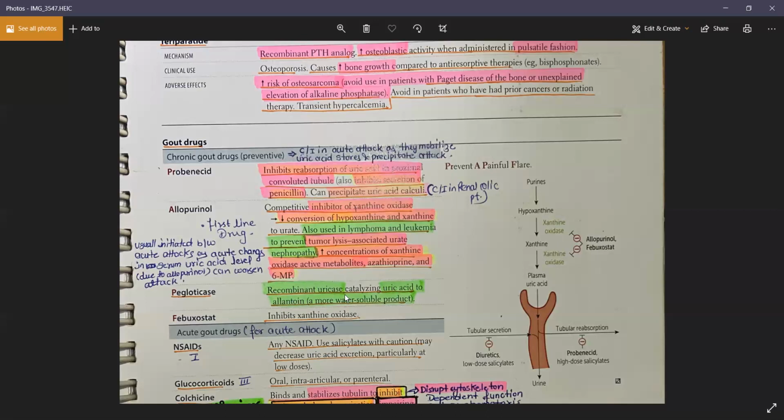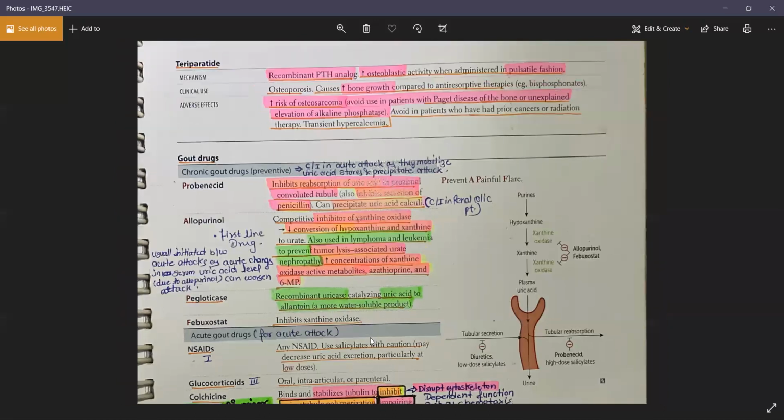So now the uric acid will be converted into a more soluble form, which is allantoin, and it can be easily excreted from the kidneys. So this is pegloticase. And please note, all of these agents can only be used in chronic gout therapy. You cannot use them for the acute attack. In the acute attack, you will only use NSAIDs, glucocorticoids, and colchicine.